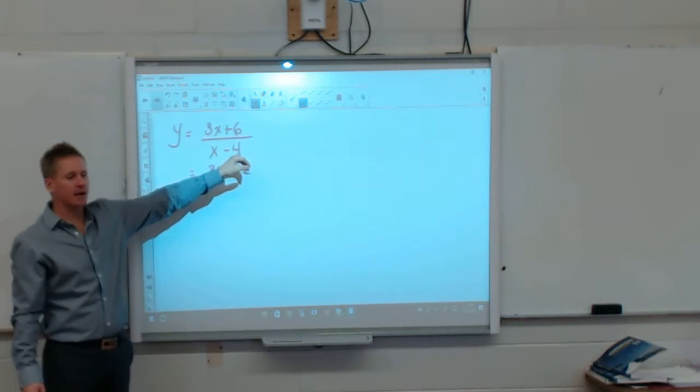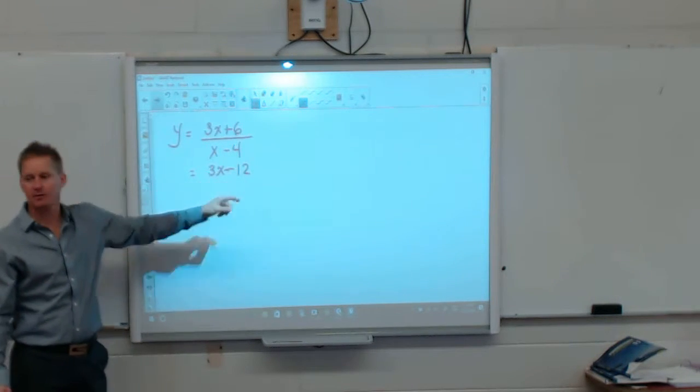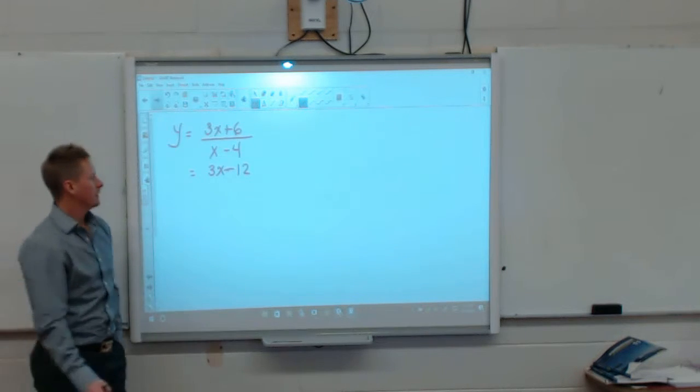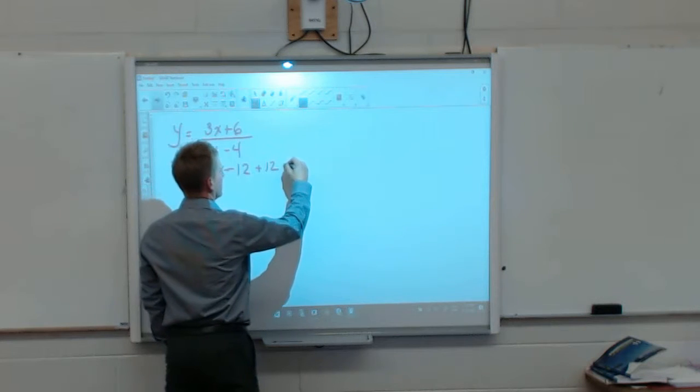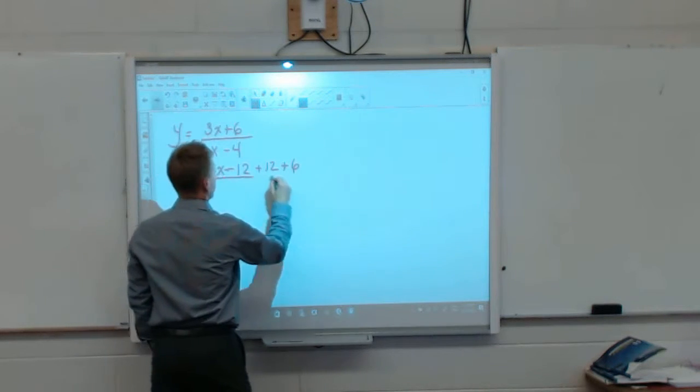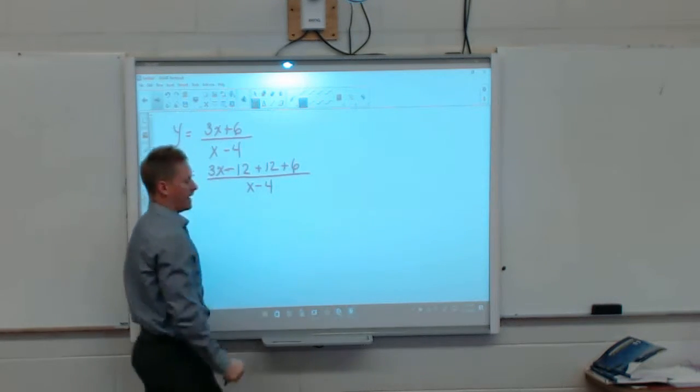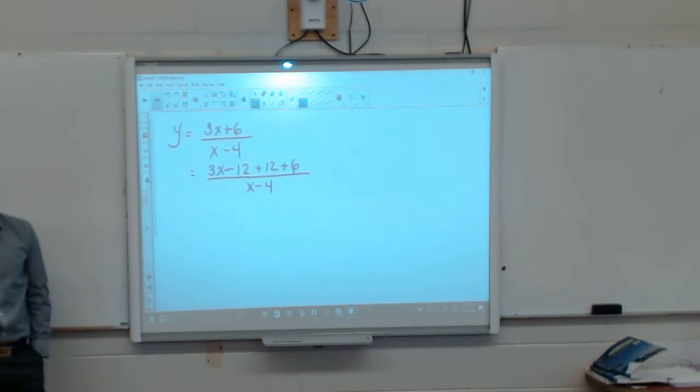So I'm taking 3 times negative 4, and I'm going to subtract 12. Now, because I subtracted 12 here, I'm going to add 12 here as well. Add 6. And all of that is over x minus 4. Okay, so far?